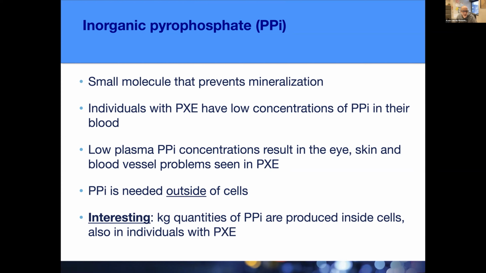And it's also interesting to note that kilogram quantities of pyrophosphate are produced inside cells, also in individuals with PXE. So PXE is not a problem of having too little pyrophosphate, but having too little pyrophosphate in the extracellular environment, so in the blood.